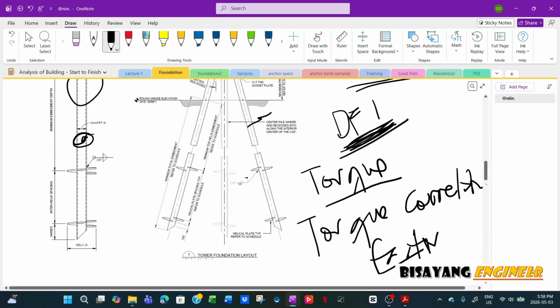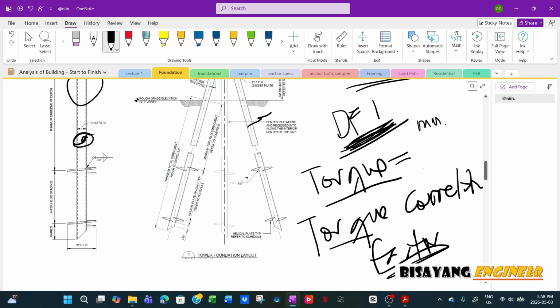Then you can estimate the capacity of the pile based on the torque log. If you specify this one, you will have a table, and for each type of pile, for its geometry, you will assign a minimum torque. The pile contractor has to at least attain this minimum torque.